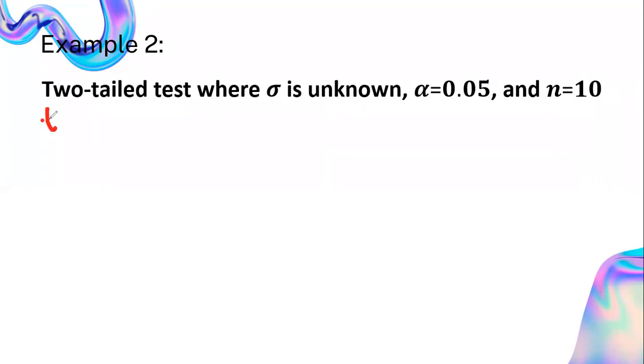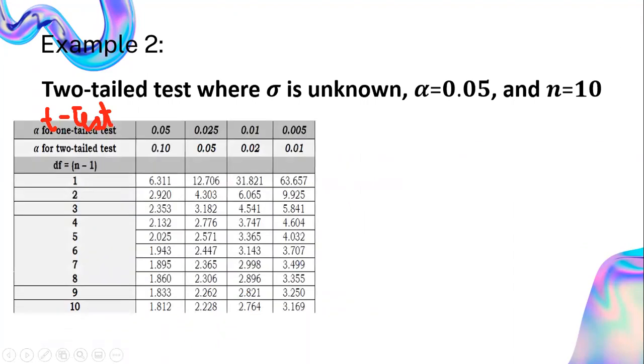So the t-test will be used. Let's have the table for the t-test. Your n is 10, so your degrees of freedom will be equal to 10 minus 1, so it's 9.